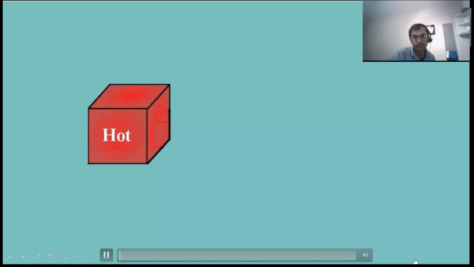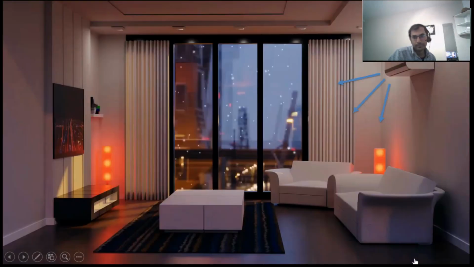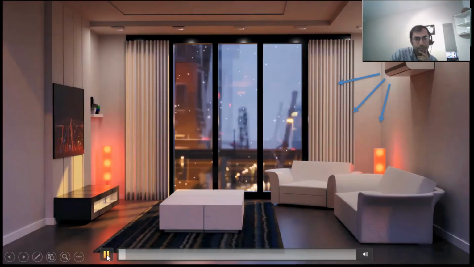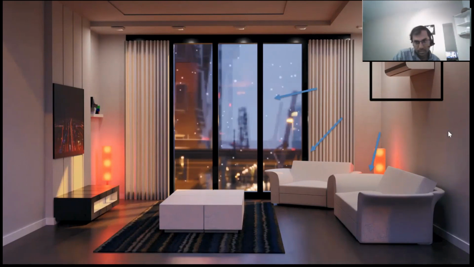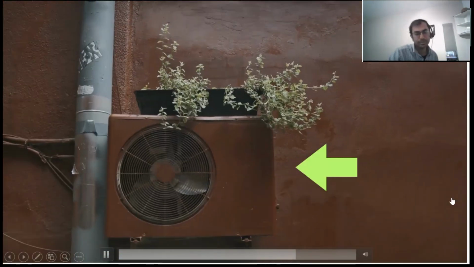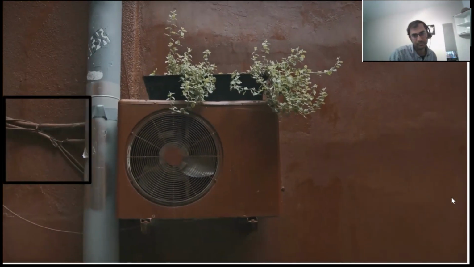Now let's try to understand the different components of our refrigeration cycle. In our room, we see these split air conditioners, and the air is coming from this unit, and there is an outdoor unit mounted on the outside, connected with a refrigerant pipe.